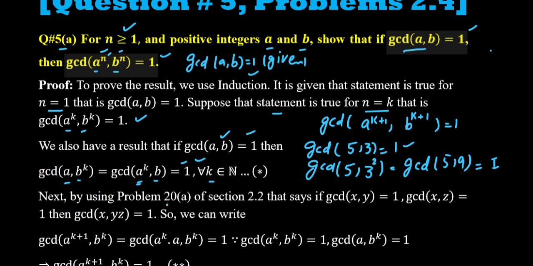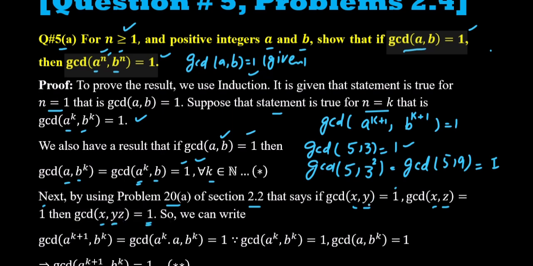Next, by using property 20a of section 2.2, that says if the GCD of two numbers x and y is equal to 1 and the GCD of x and z is also equal to 1, then the GCD of x and yz is also equal to 1. Actually, what does this property say?